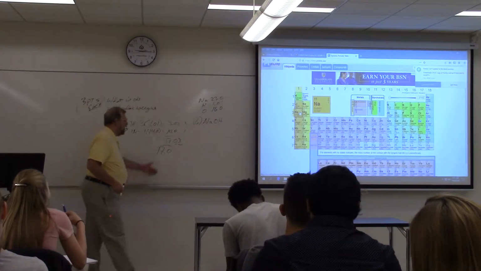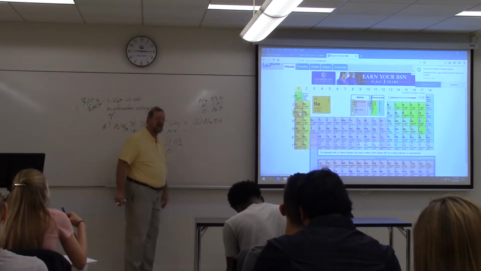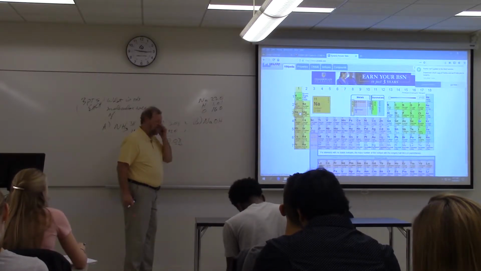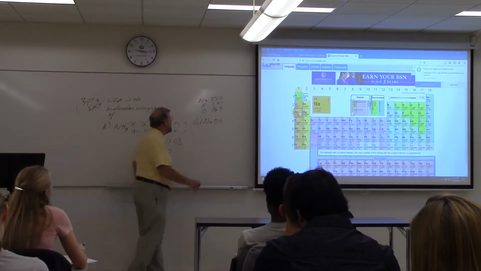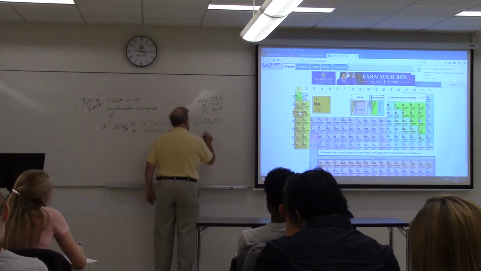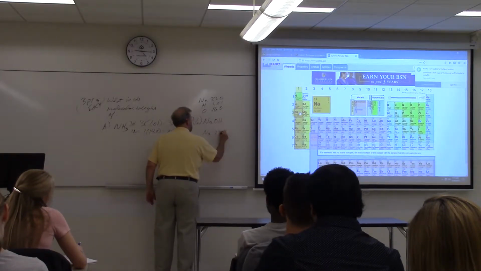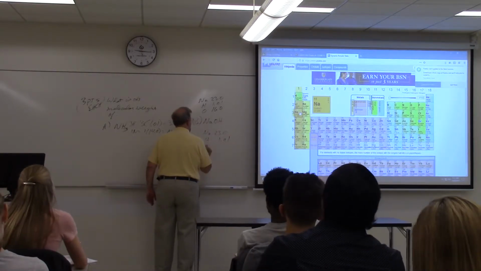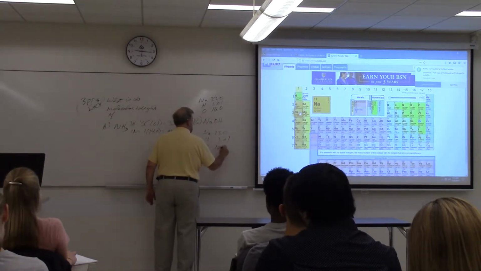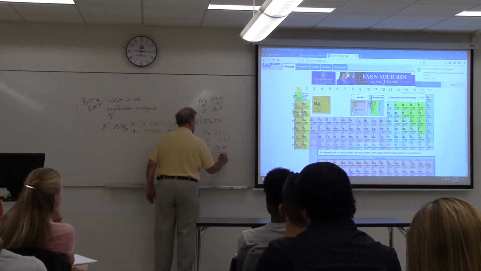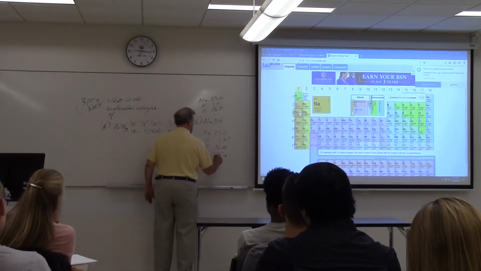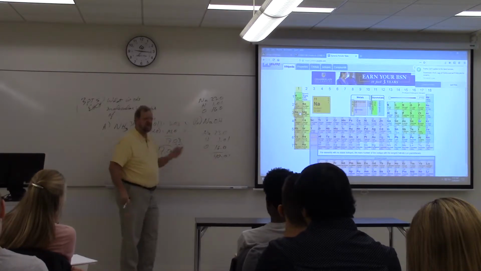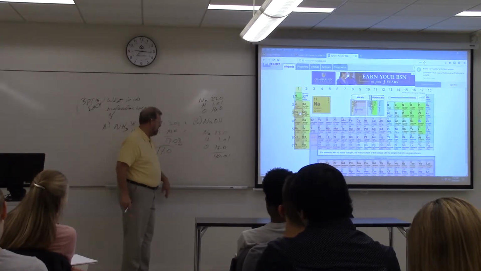Let's do it. How do you figure out the molecular weight? It's the sum of all atomic weights. Since I have 1 sodium, 23.0. I have 1 hydrogen, 1.01. I have 1 oxygen, 16.0. And the sum is 40.0. I know this one by heart because I use this number a lot.